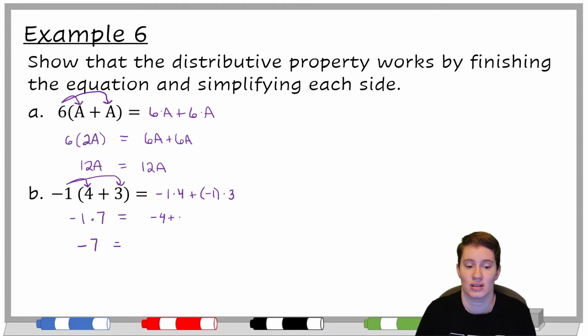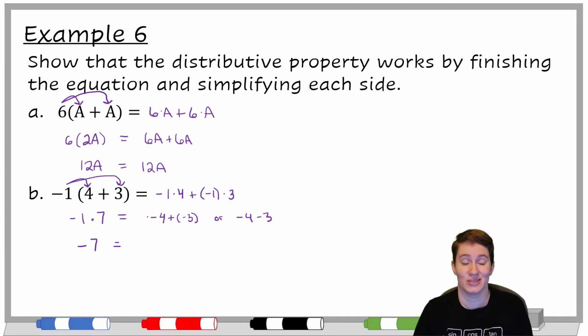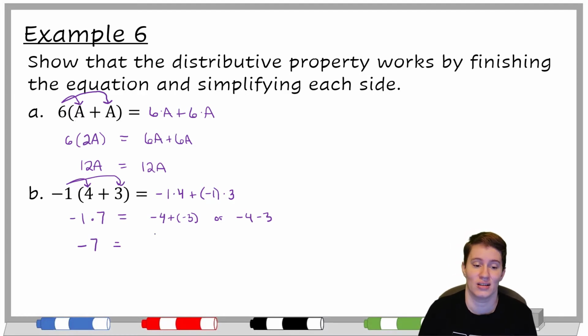Negative 1 times 3 is negative 3. We can think of this as negative 4 plus negative 3 or negative 4 minus 3, whichever way makes more sense to us. Either way, we're still supposed to do the same thing in our head of saying they're both negative, so they make each other more negative, so we should add these together or subtract them and get negative 7.